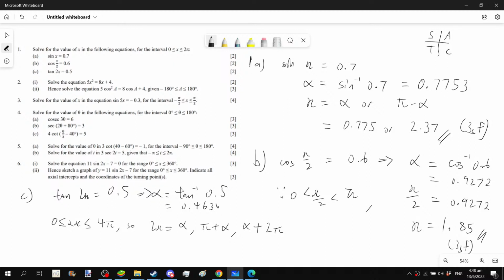And you could also ask, what if my pi plus alpha also goes one extra round? Because of that, you'll have 4 different values, and consequently, you expect to have 4 different answers as well.